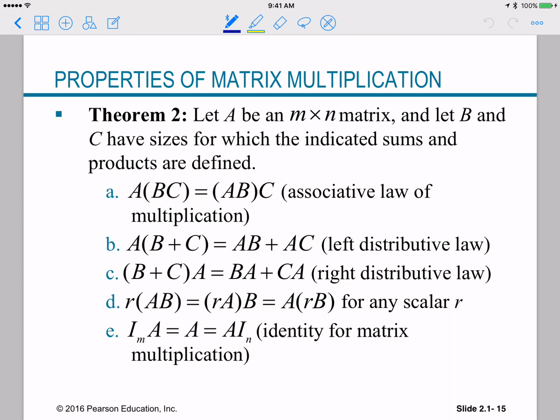Okay, so let's go through the second set of theorems. If we have these relationships, which we call the associative law, then this is a distributive law, and specifically this is called the left distributive law, and then the right distributive law, and then this one is also satisfied.